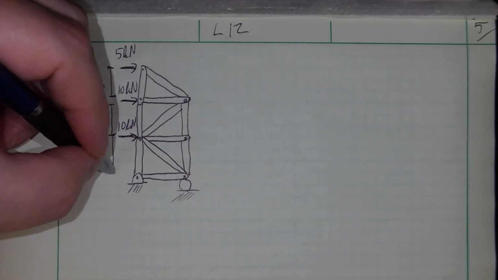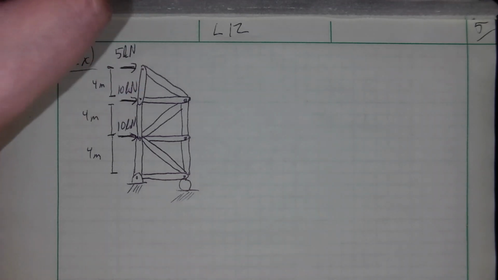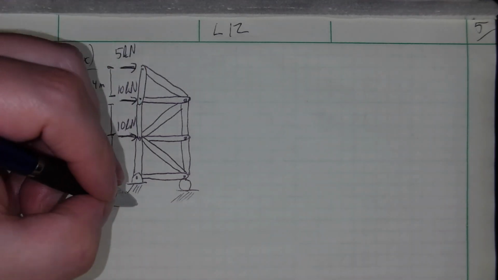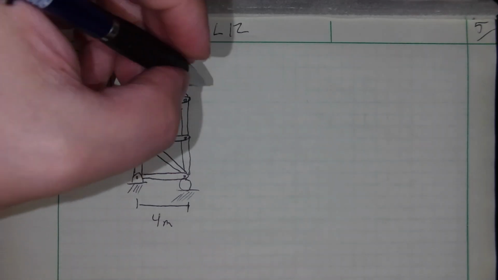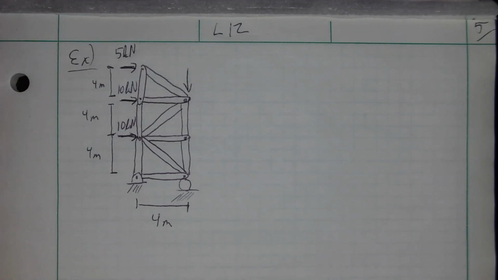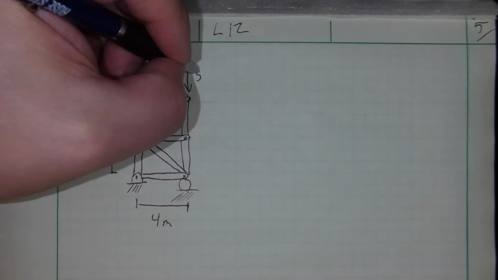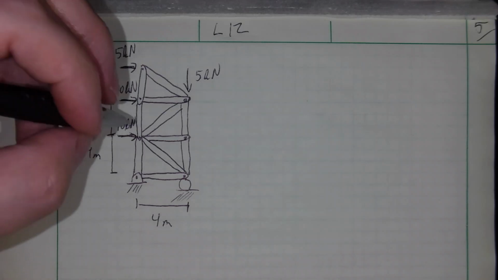And then 4 meters down to the pin, no force there except for the pin itself. And then it is 4 meters between the pin and the roller horizontally. And then finally, on this right-hand corner over here, there's a vertical down 5 kilonewton force being applied there.